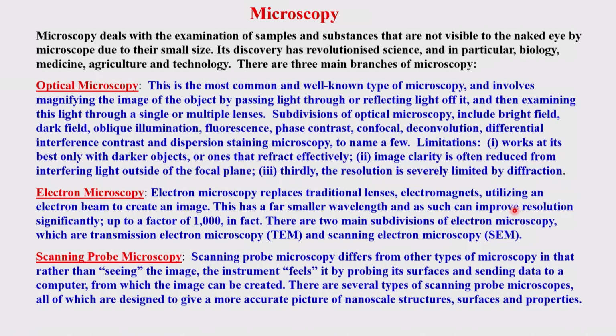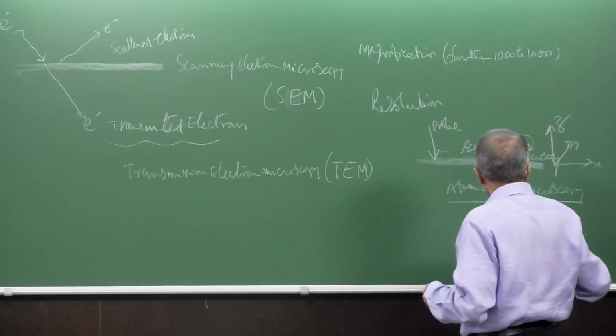There are a variety of these things. Scanning probe microscopes give a more accurate picture of nanostructures and surfaces, and even property information. Some materials are hard, some soft, some highly elastic, some low elastic, all these kinds of things. So you can learn about the material: the properties, surface, topology.